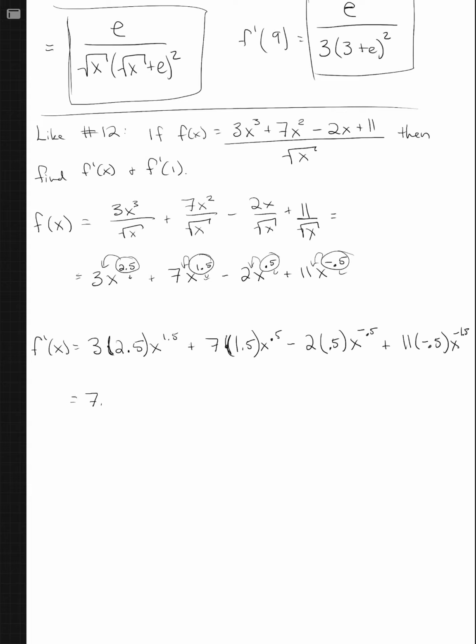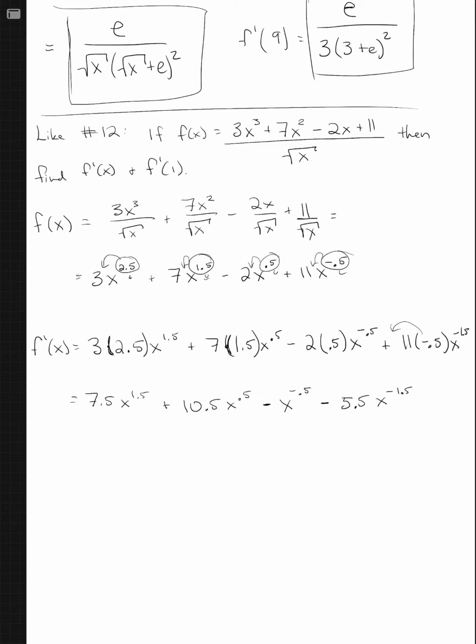Right, so this is 7.5 times x to the 1.5 plus 10.5 times x to the 0.5 minus... 2 and 0.5 multiply together to get 1, so I can leave that off. This negative comes out, so it's subtraction instead. Half of 11 is 5.5.